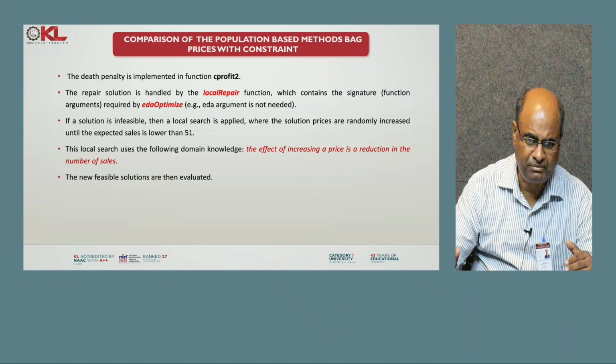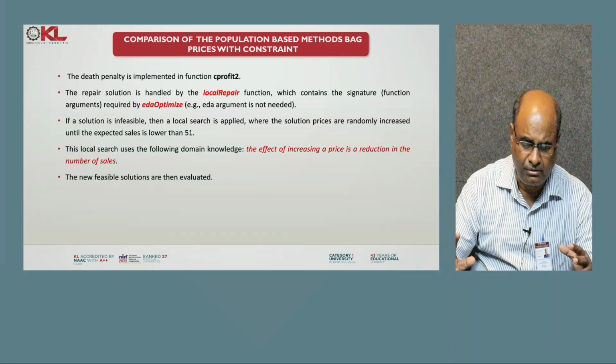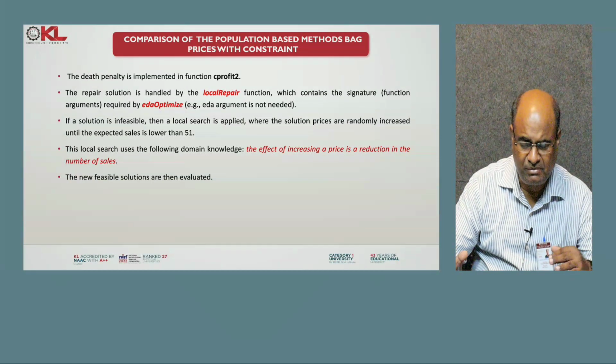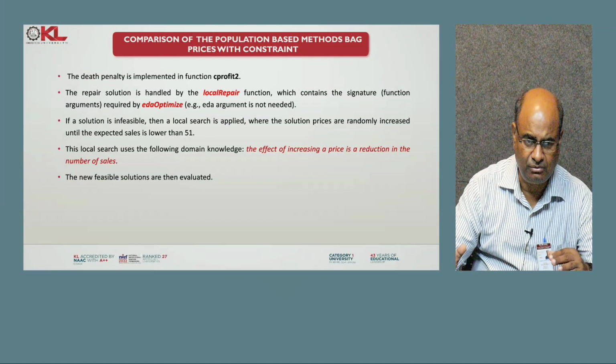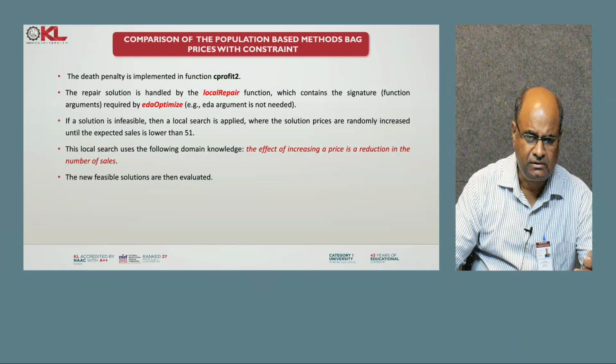Because the target is 50, you take the maximum 51. So below 51, if you are getting any solution, that is the best one. This local search uses the following domain knowledge. The effect of increasing a price is a reduction in the number of sales. And new feasible solutions are then evaluated.